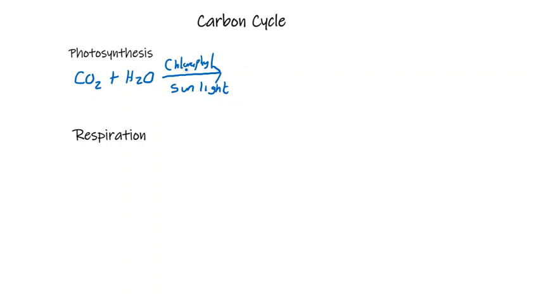So chlorophyll and sunlight. And what the plant does then is it takes these two molecules, carbon dioxide and water, and it makes glucose, which is C6H12O6. It also produces O2, oxygen. That's the food that it makes.